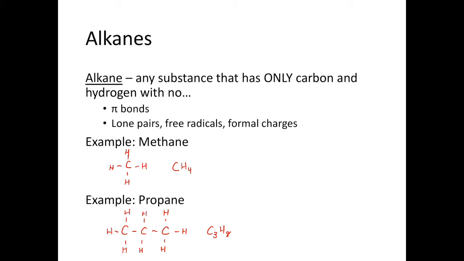So if we wanted to come up with a general formula for any of these alkanes that I've showed you, they always take the form of CnH2n+2, where n is the number of carbons in the chain, and then 2n, because each carbon holds 2 hydrogens, plus 2 for the 2 hydrogens that are at the end of the chain. So an alkane will always have a chemical formula in this form.